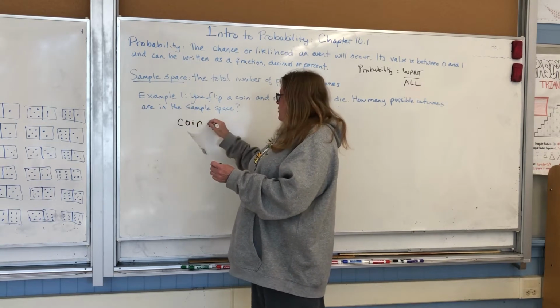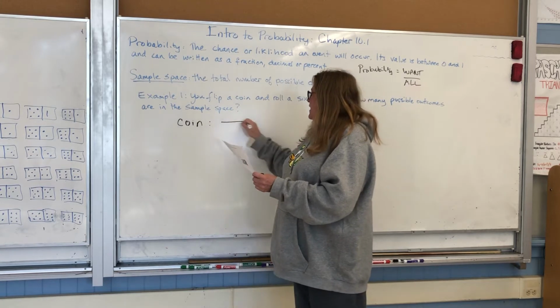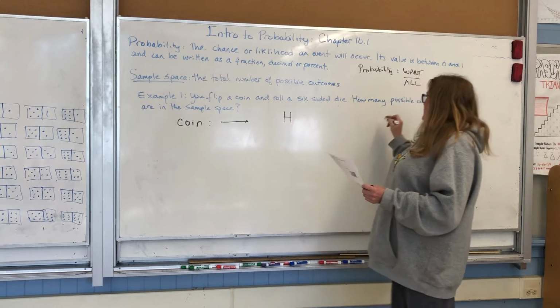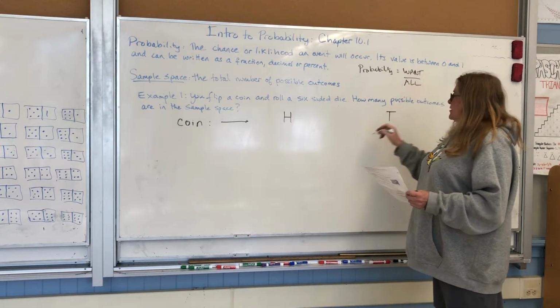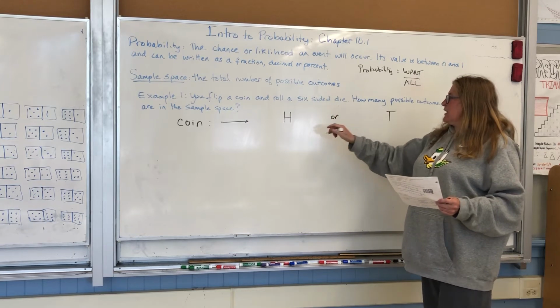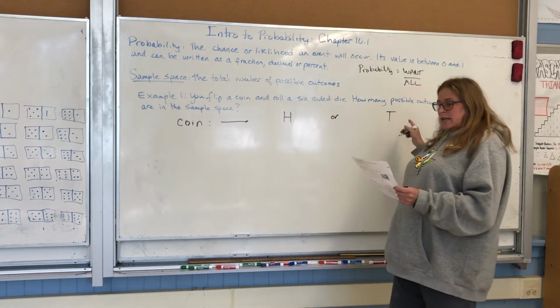Okay, so we have a coin. We can either have heads or tails. So I'm going to write heads here, and I'm going to write tails here. Our first event is just, we have a 50-50 chance of getting a heads or a tails.